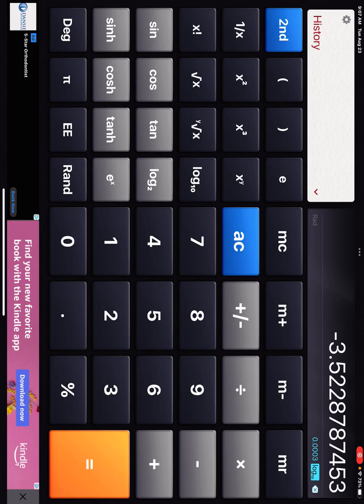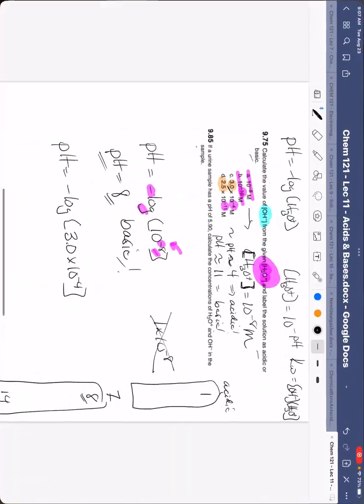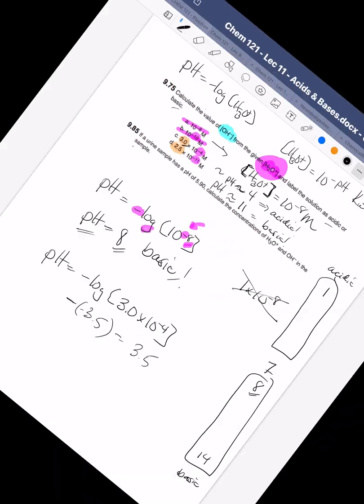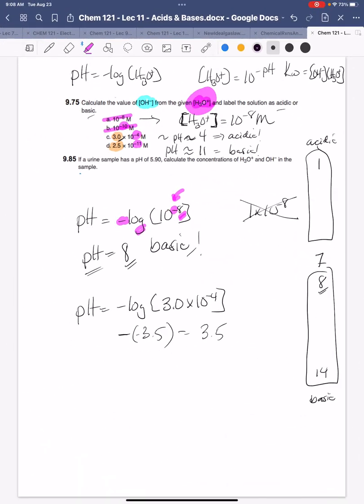So 3.5. So I'm going back to our notes. I'm having syntax errors, but if I do negative of the log, I get 3.5. So here's my point in this conversation. We said we know that by looking at this value, the pH is going to be somewhere around 4. This number right here makes it not exactly 4, but this is close enough.